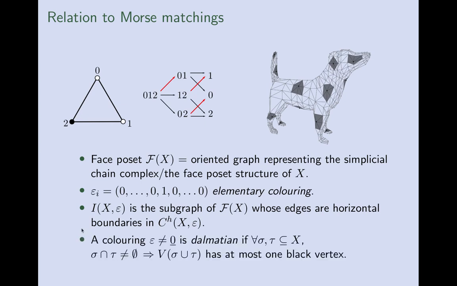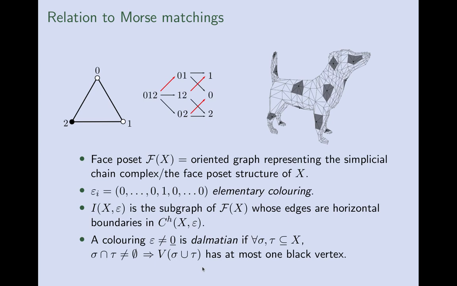Okay, last definition before we get to some actual results. We say that a bi-coloring of a simplicial complex is Dalmatian if, first of all, it is different from the all-white coloring; we need some black vertex. And it must satisfy this condition. What does this mean?